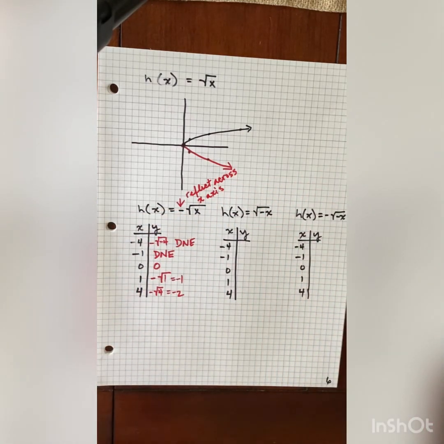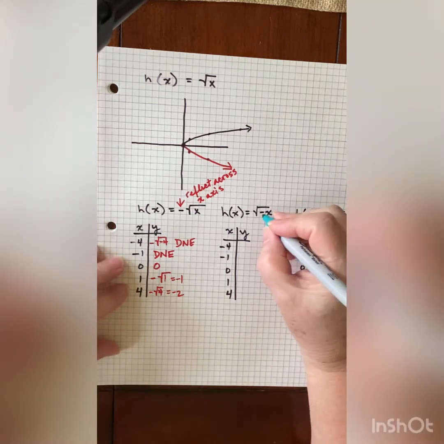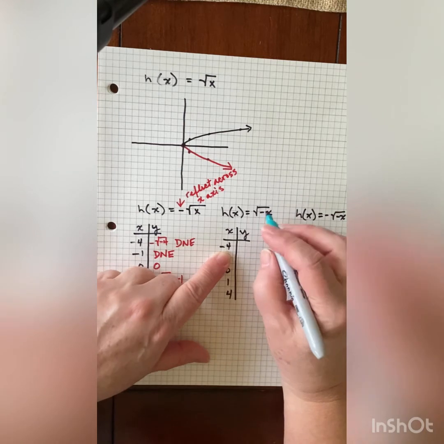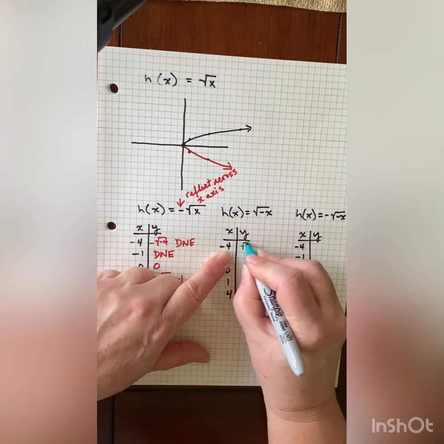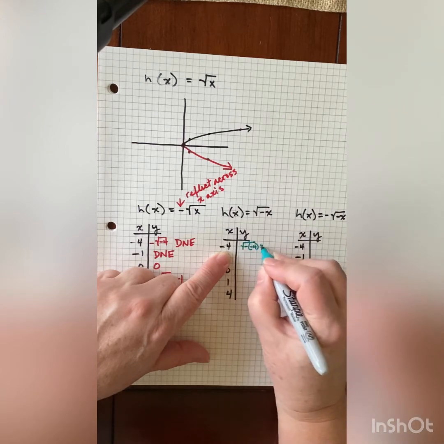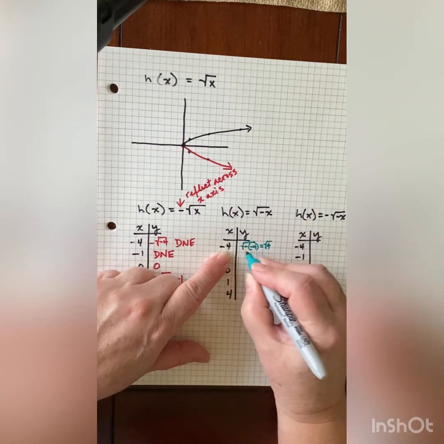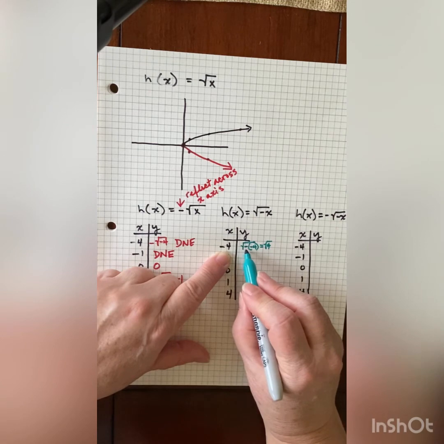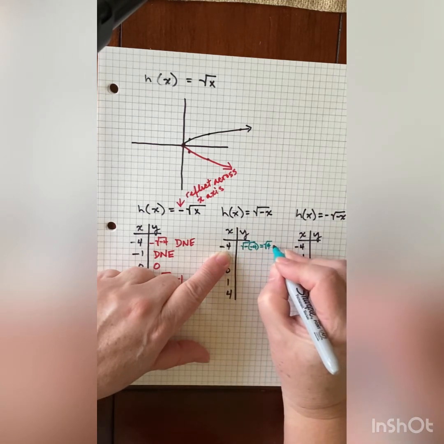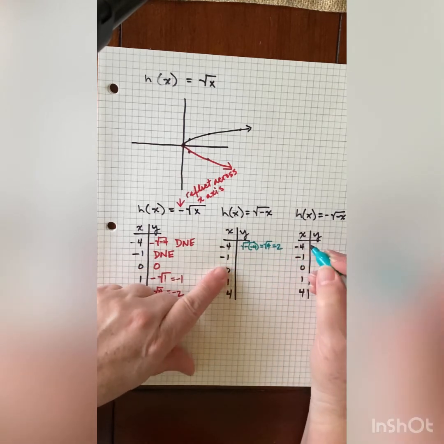So let's find out what happens when I have a negative under there. If I were to do that work, I would have the square root of the opposite of negative 4, which gives me the square root of a positive 4, right? Because the opposite of negative 4 is positive 4.